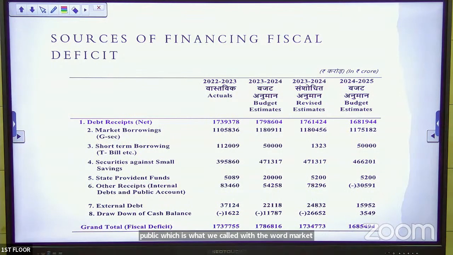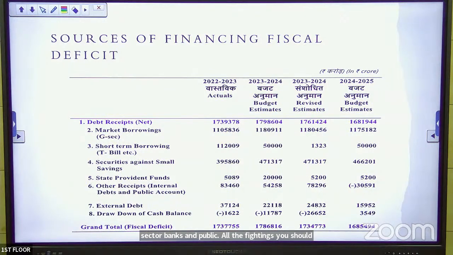So we can borrow from other countries, international organizations, RBI, public sector banks, and the public. These are the 5 fingers you should always remember, right? What are the 5 things? International organizations, other countries, RBI, public sector banks, and public. All the 5 things you should always remember. These are the sources of deficit financing.